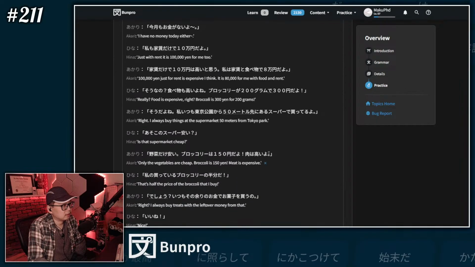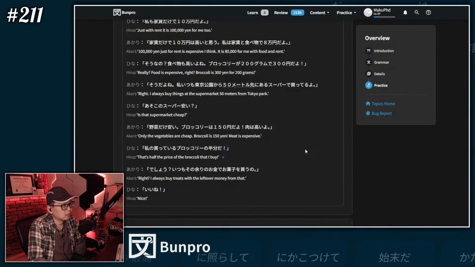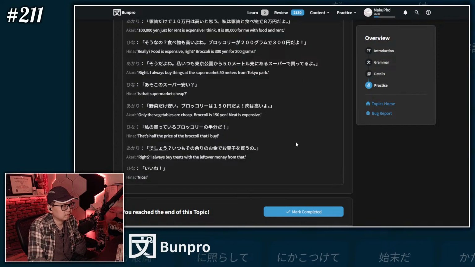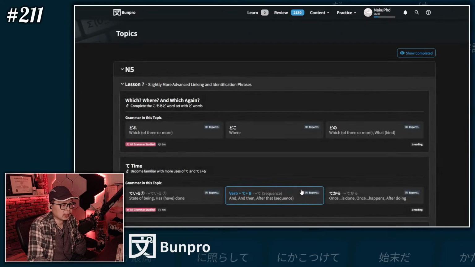I don't think I saw anything else. Oh, there's also yasai dake. Yasai dake yasui. Right, just the vegetables are cheap, right? As opposed to only, you can swap them out. No, I didn't see any of the obscure one that they were referring to. All right, let's move on to the next topic.